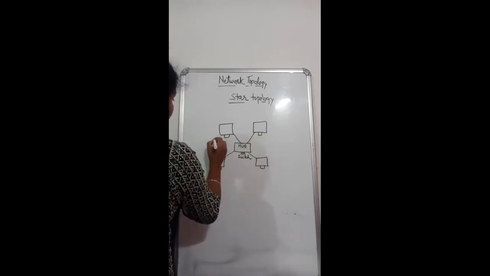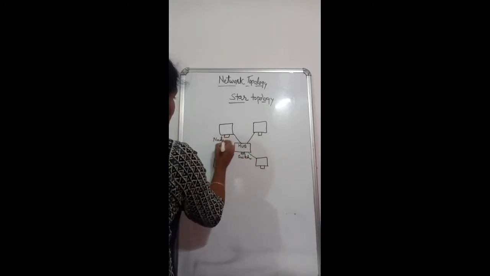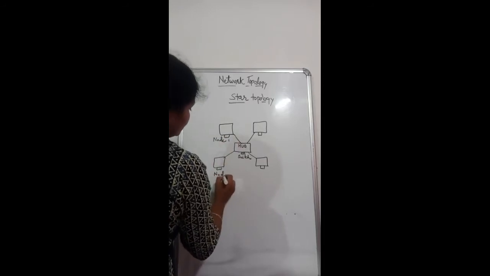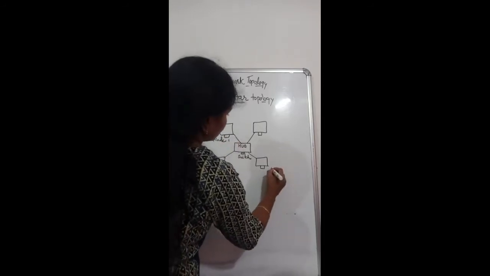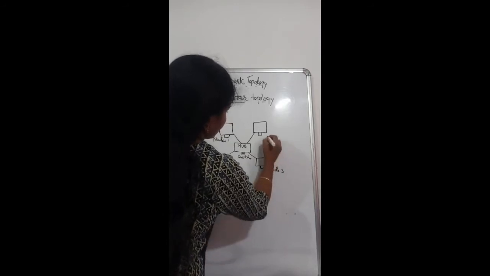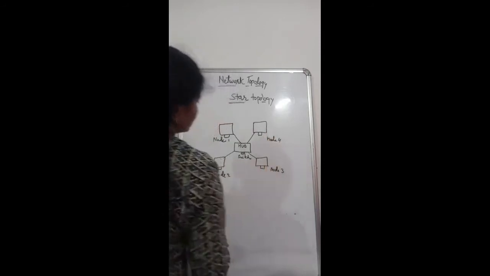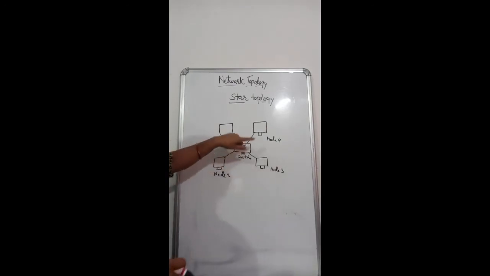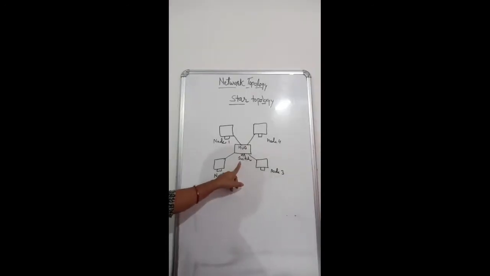These are node 1, node 2, node 3 and node 4. These 4 nodes are connected with the central cable or central connection that is called hub or switch. The hub or switch controls all the connections or functions of the network.